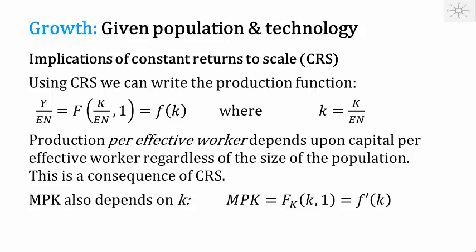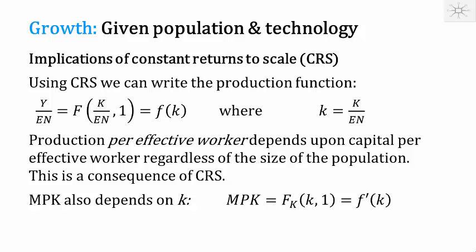We can define EN as the effective number of workers. Remember, we have that E is the technology factor, and a 10% increase in E is as if we had 10% more workers. So in that sense, we can think of EN as the effective number of workers.